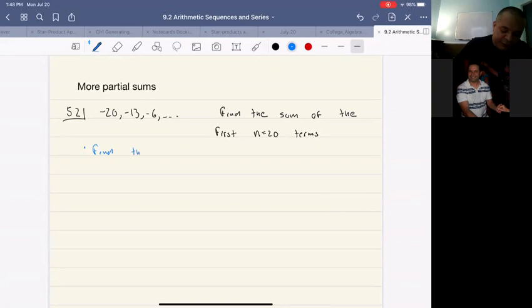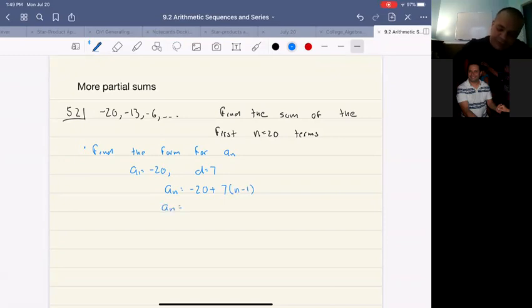Find the form for a sub n. Okay, so our a sub 1 here is negative 20. Our d is 7. So our a sub n is negative 20 plus 7 times n minus 1.